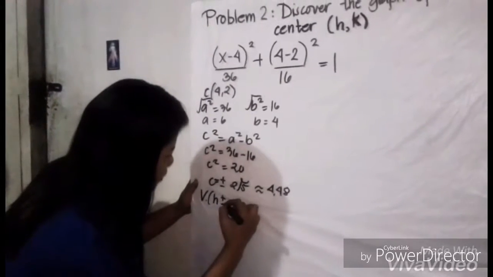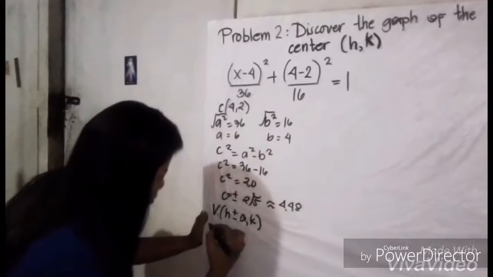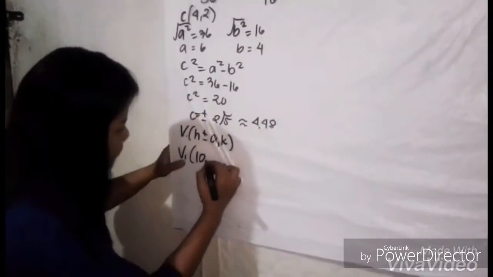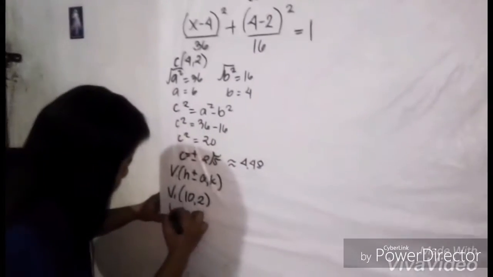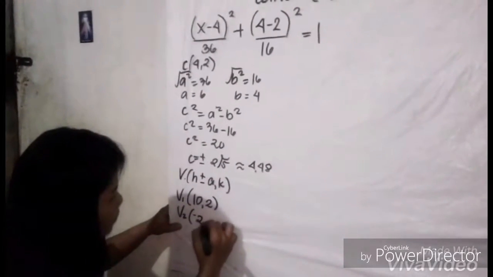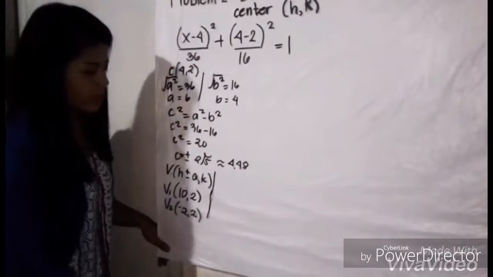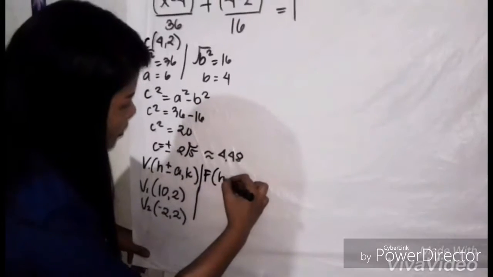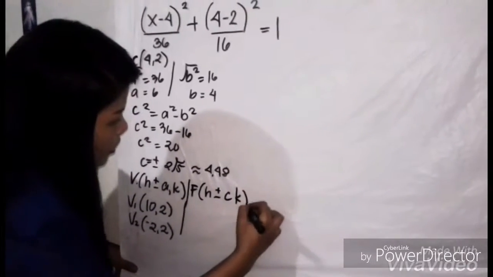Let us proceed to the vertices, with the formula (h plus or minus a, k). Substituting, vertex 1 is (10, 2) and vertex 2 is (-2, 2). Then the foci, with the formula (h plus or minus c, k).